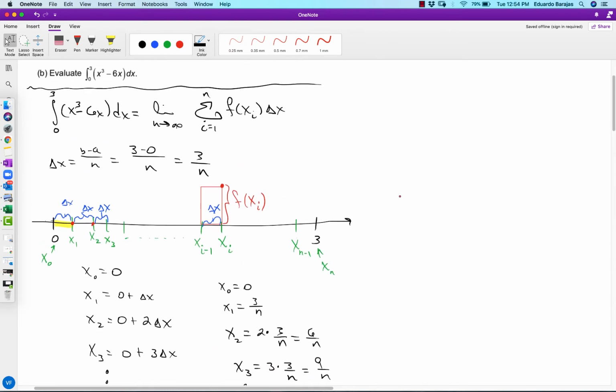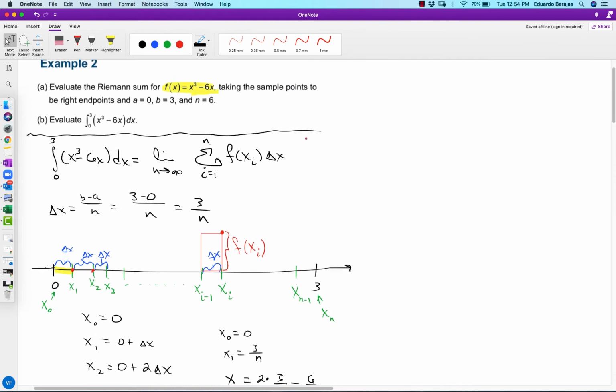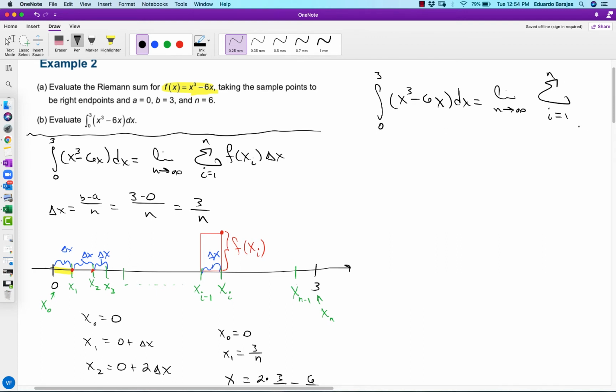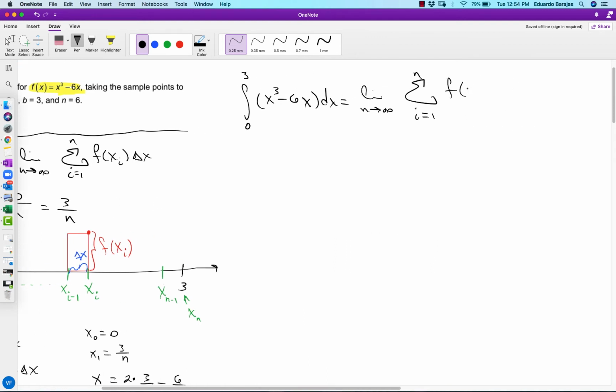So let me come back up here. And now I'm set to continue with this. So I'm going to copy this over here. I'm going to say that the integral from 0 to 3 of x to the third power minus 6x dx is actually equal to the limit as n goes to infinity of the Riemann sum as i goes from 1 to n of f of x sub i delta x.